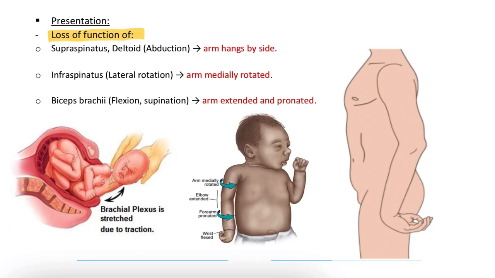In this image, you can see the brachial plexus is stretched due to traction. Here in this baby, the arm is medially rotated, the elbow extended, the forearm pronated and the wrist flexed. In adults we can see this type of posture too. That's why we call this the Waiter's tip hand.